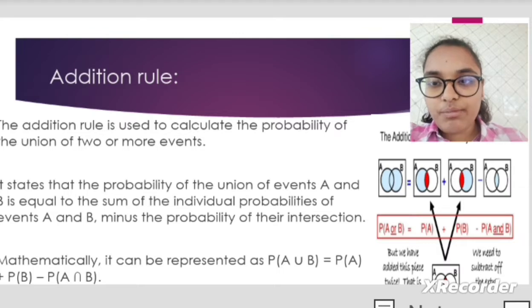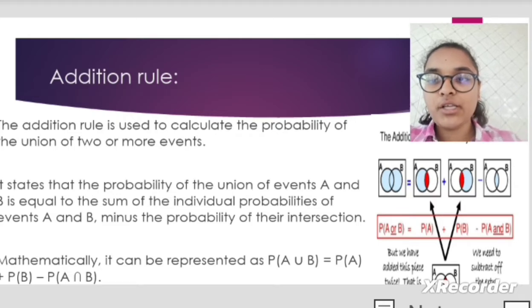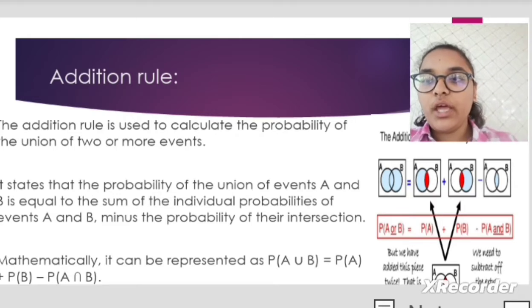Mathematically, it can be represented as P of A union B is equal to P of A plus P of B minus P of A intersection B.